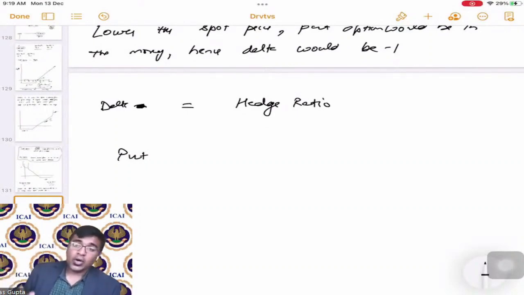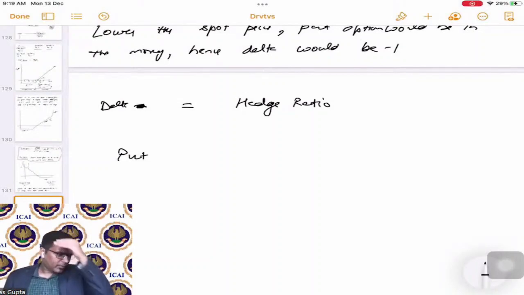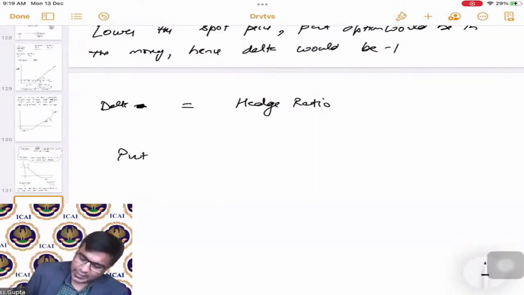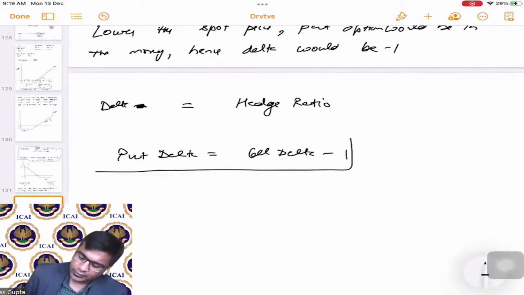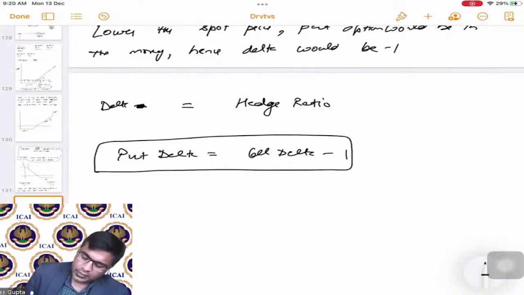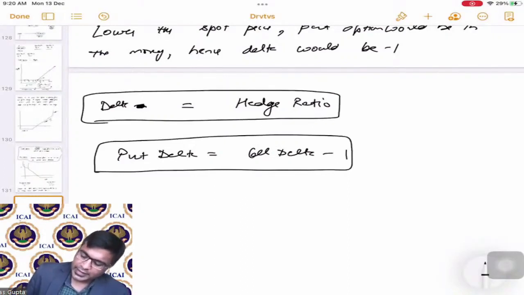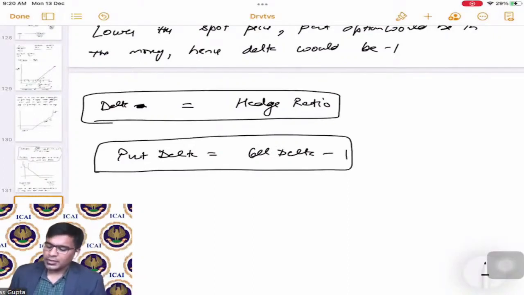Yes. So put delta is equal to call delta - 1. These are just mathematical derivations. So put delta is equal to call delta - 1, and delta is nothing but the hedge ratio.